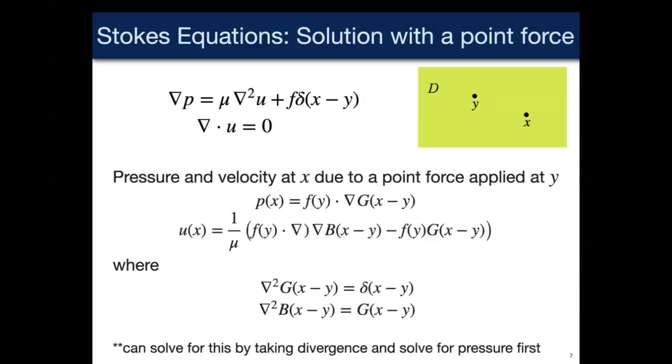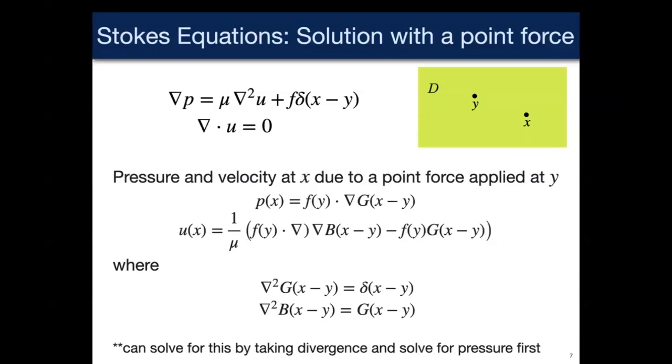Okay, now this is getting into how we actually derive the solutions to the Stokes equations. In my intro graduate PDE class, we do a little bit of this. You can solve by taking the divergence of the momentum equation and using the fact that the divergence of the velocity is 0.